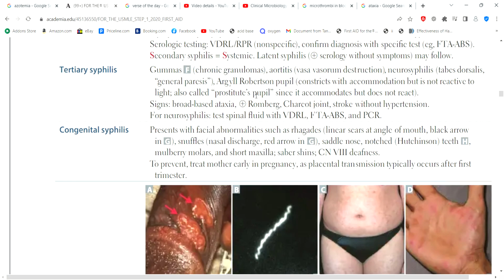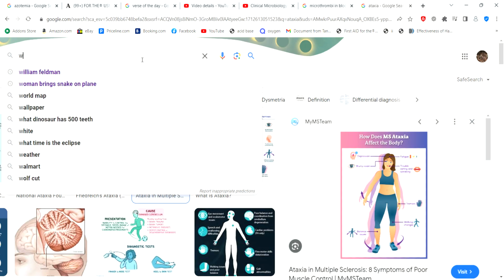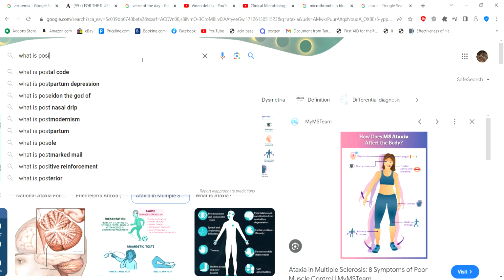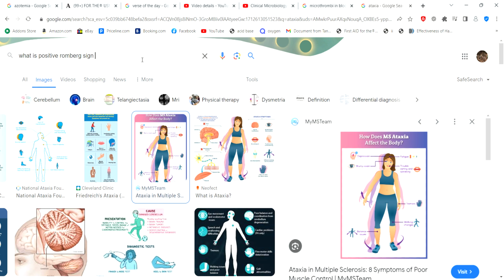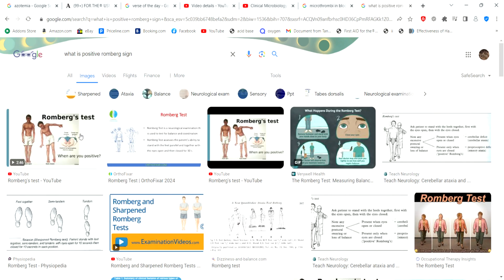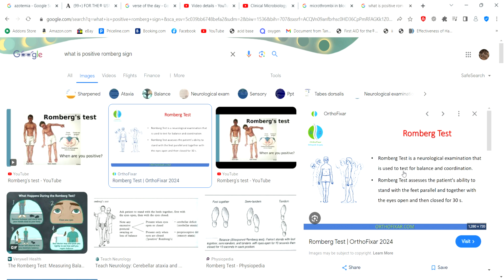Positive Romberg sign. I don't know what that is. What is positive Romberg sign? Okay, the Romberg test is a neurological exam used to test for balance and coordination.